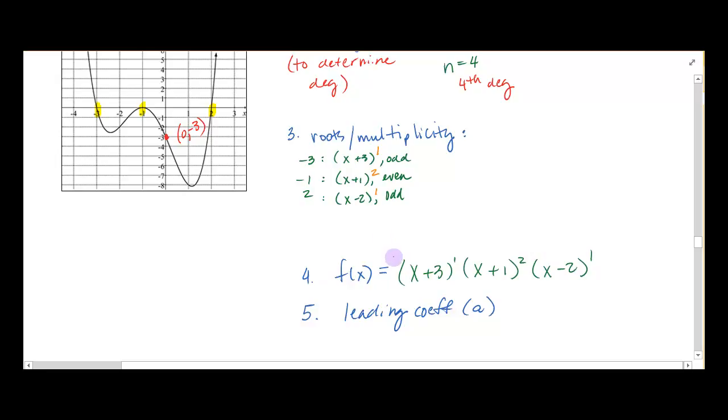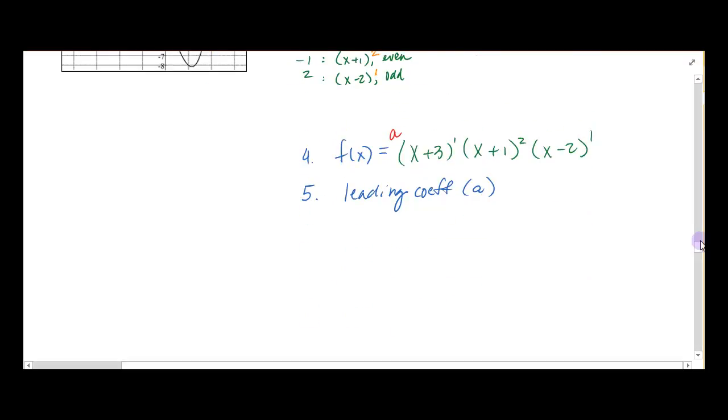So if ultimately I'm trying to solve for a, we do like we've done in previous sections, and we're going to use that point that I labeled on my graph, (0, -3), because that was just an easy point for me to recognize. And we're going to substitute into this equation to solve for the variable a.